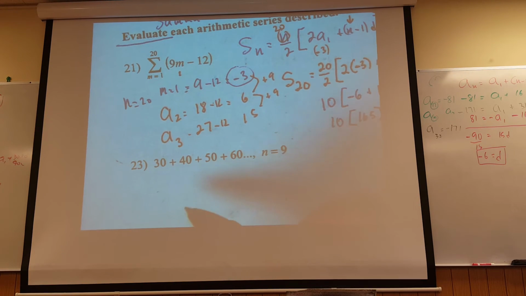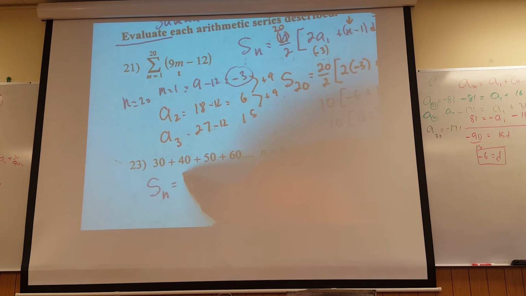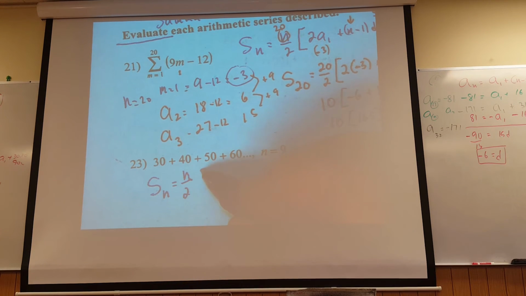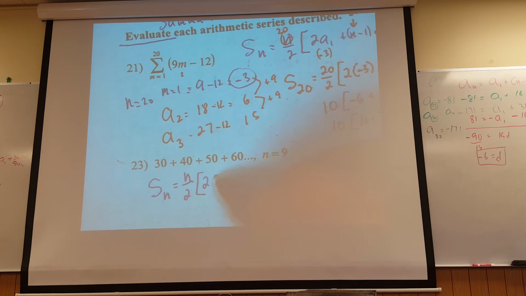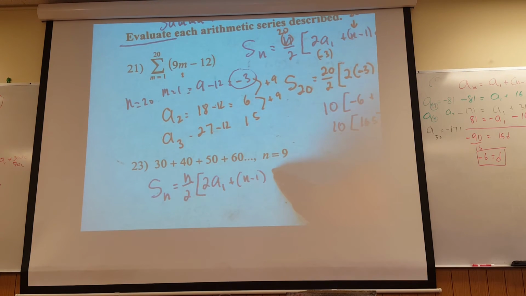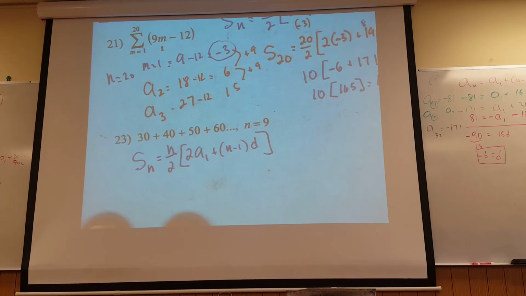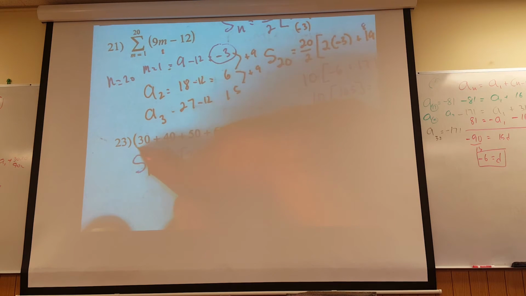But let's still do the same formula. S sub n is going to be n over 2, 2 times a1 plus n minus 1 times the difference, okay?